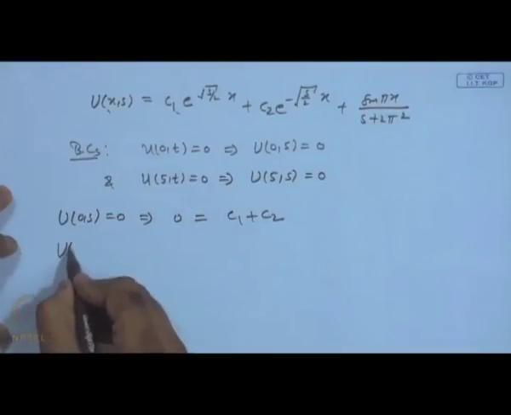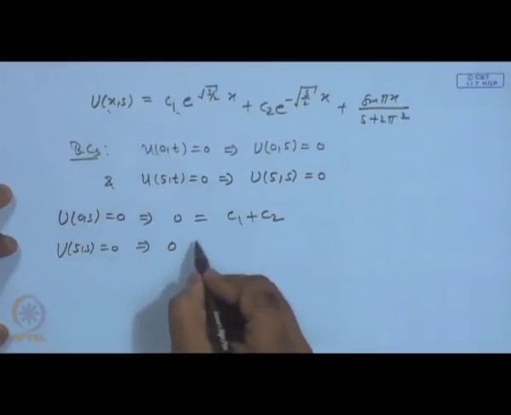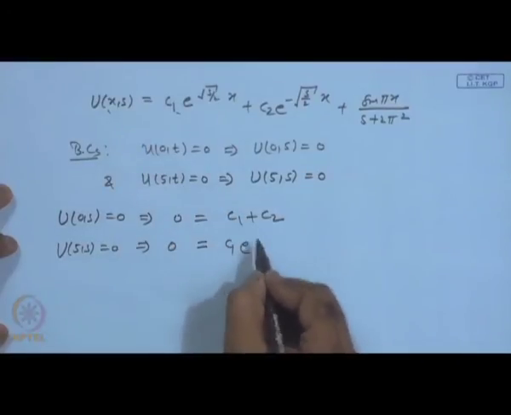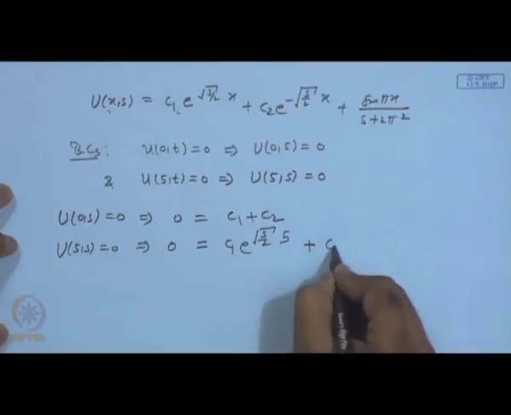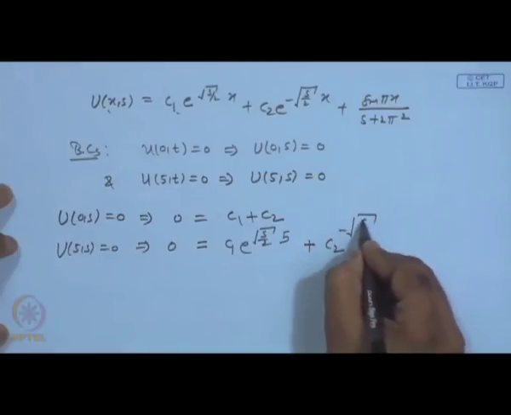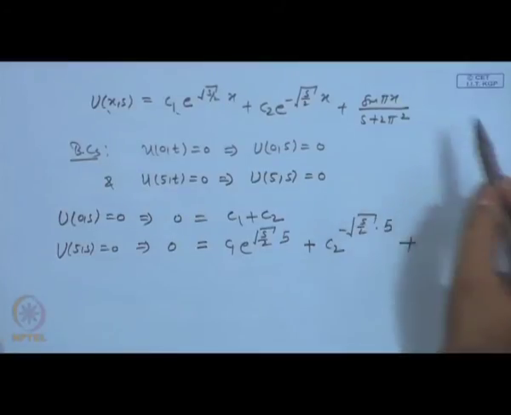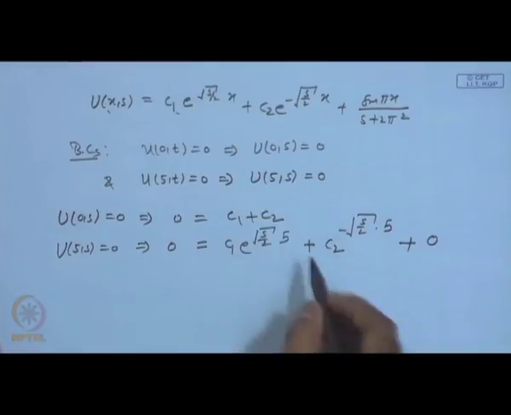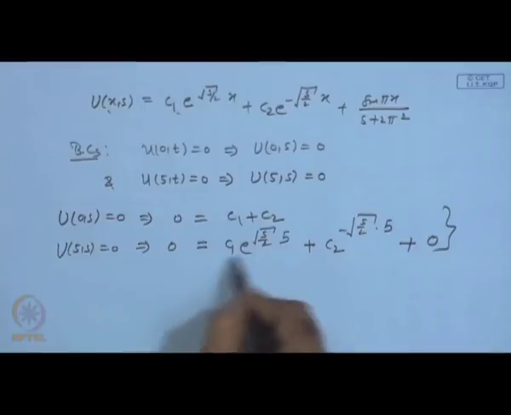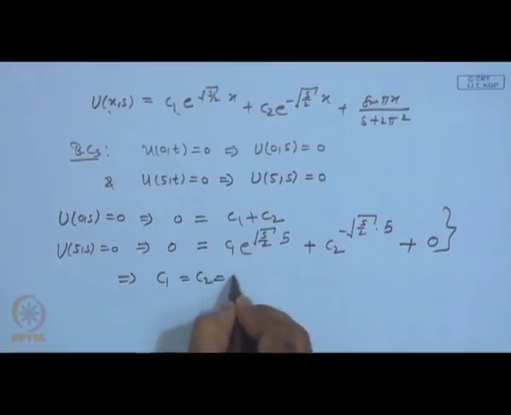So, the second condition u 5 s is equal to 0, we will get 0 is c 1 e to the power square root s by 2 into 5 plus c 2 e to the power minus square root s by 2 into 5 plus, when x is 5 pi, sin 5 pi is 0. So, from these two equations what we see is that c 1 and c 2 both are 0.